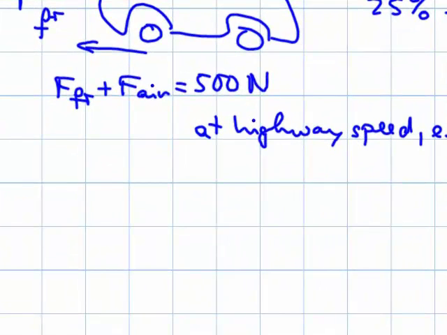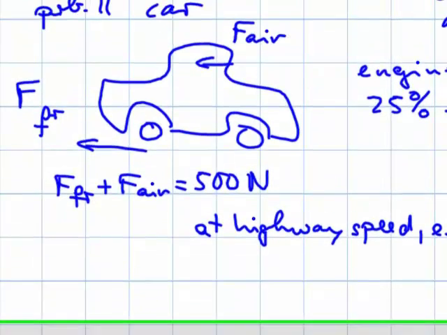Problem 11. How many kilometers per liter will a car obtain if its engine is 25% efficient and encounters an average retarding force of 500 newtons at highway speed? Assume that the energy content of gasoline is 40 megajoules per liter.